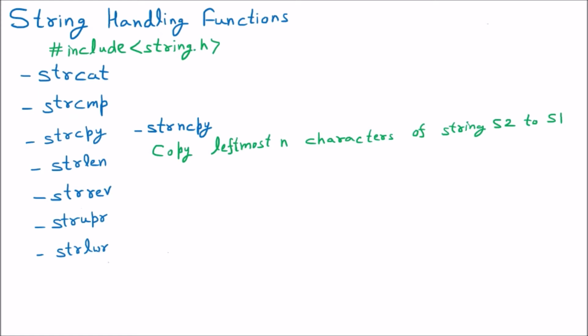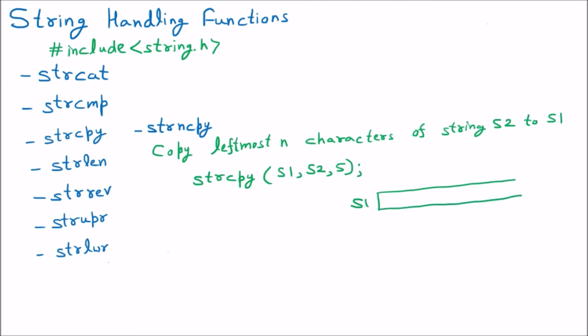So I am taking one example to make you understand. Let us suppose we have written strncpy, and then s1 comma s2 comma 5. Let us suppose that s1 is an array of characters which contains a few values. s2 is also an array.